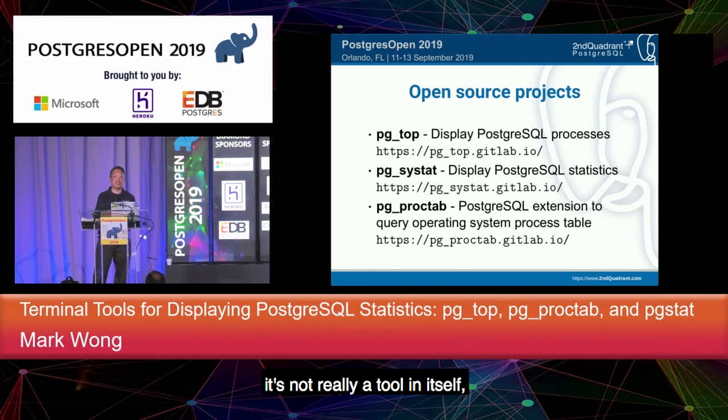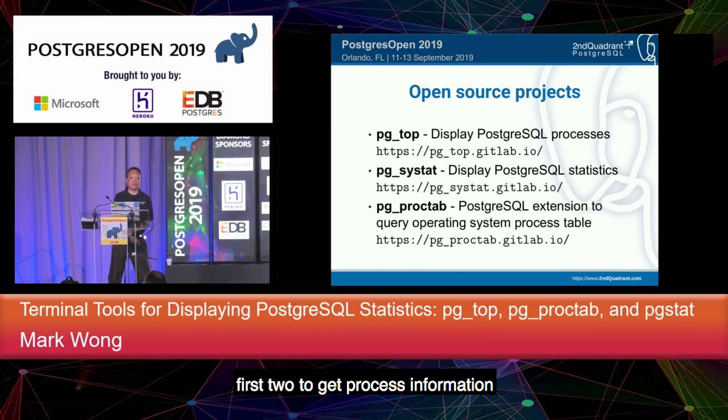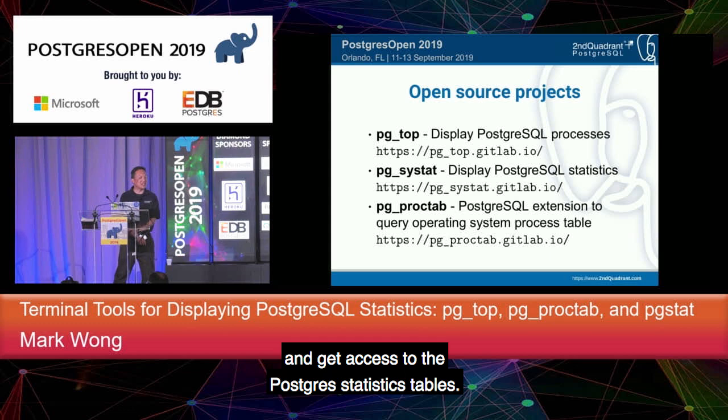It's not really a tool in itself. It's really something to give you access to script things around. So I'll go over some of those, but it's really going to focus more on the first two to get process information and get access to the Postgres statistics tables.